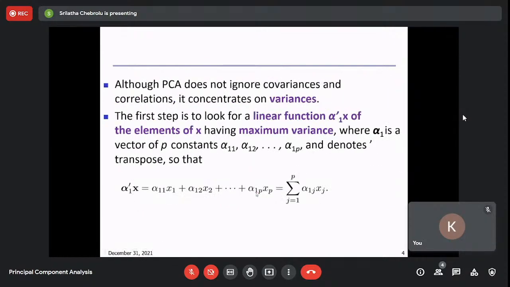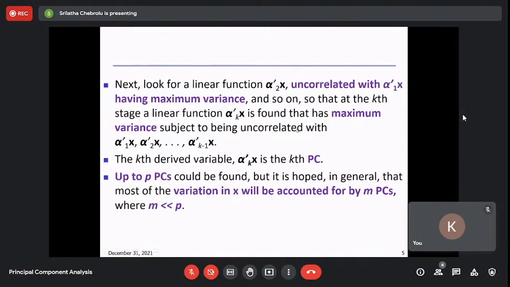One more thing is that this principal component has to be uncorrelated with the first principal component, while having maximum variance and preserving the variance. Like that you have to go up to k principal components: alpha 1 transpose x, alpha 2 transpose x, up to the kth principal component.